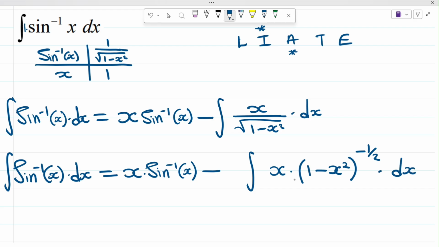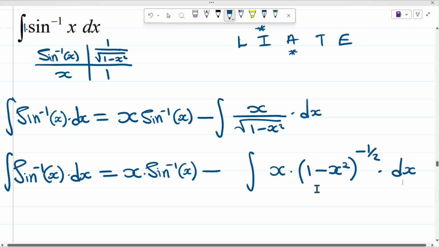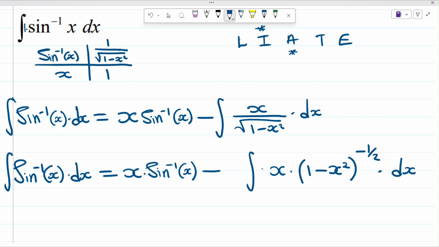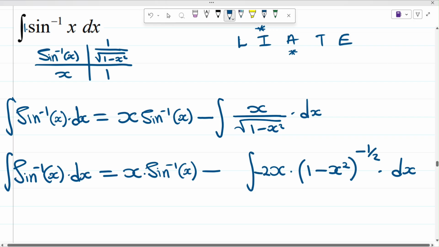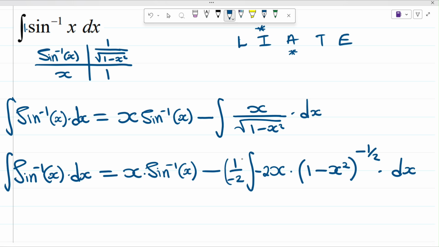So I can see that I can use the general power rule since I decided to make this one f of x. I know that when I differentiate this one, I get negative 2x, right? I have x here, so I need to correct the coefficient by writing negative 2 here, and then cancel out this negative 2 by multiplying by negative 1 over 2 outside the integral, so that this and this can cancel out.